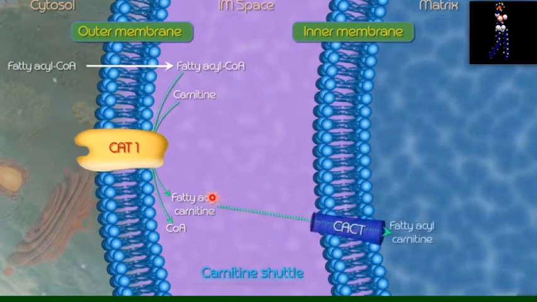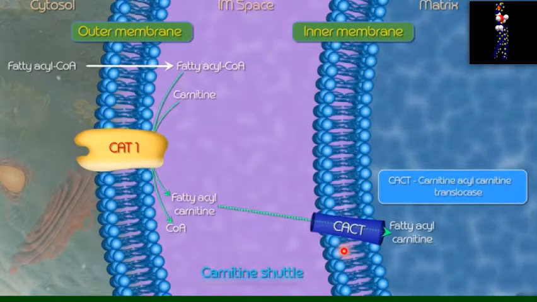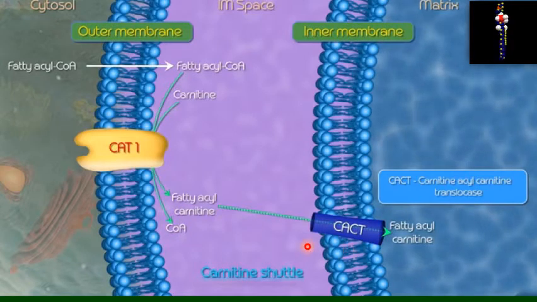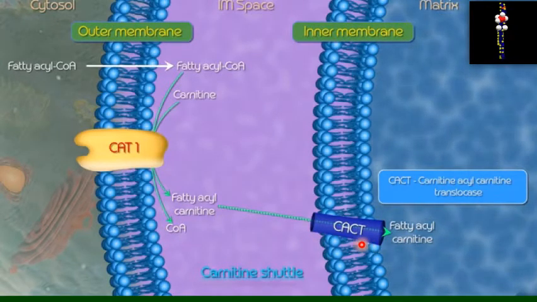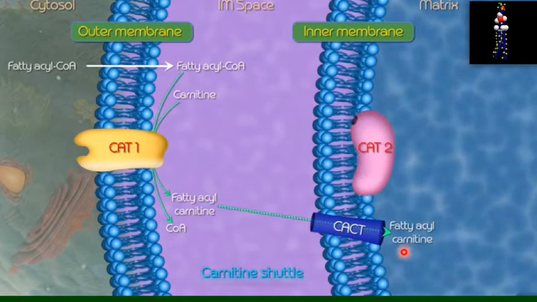This fatty acyl carnitine then goes through the second transporter, the carnitine acylcarnitine translocase enzyme, and comes inside the matrix of the mitochondria.